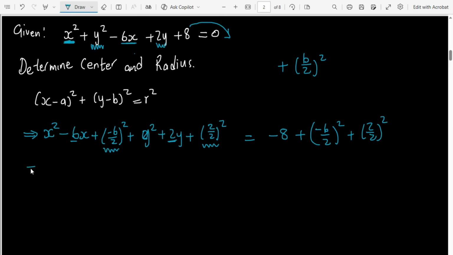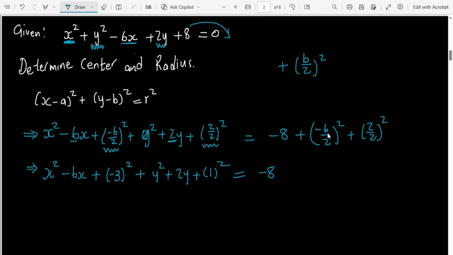Nice. So remember to work the brackets first. -6 over 2 is -3, so I'm going to leave it as (-3) squared inside the bracket, plus y squared plus 2y, and plus 2 over 2, that's 1, I'm going to leave it as 1 squared, and this is equal to -8.